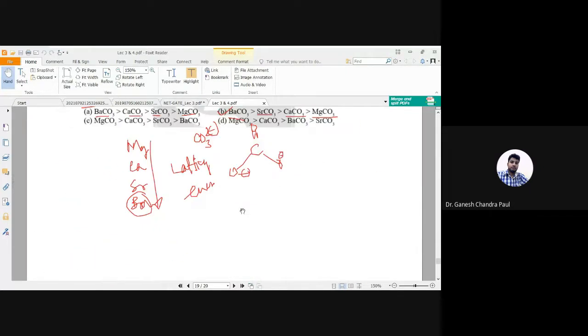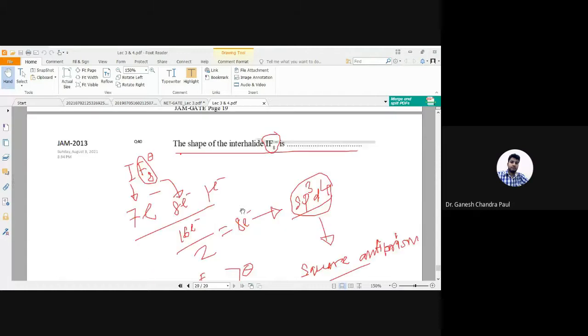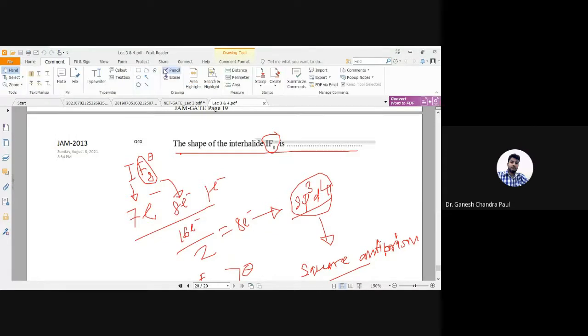This one we have already discussed, the last one: the shape of interhalide IF8 minus. If you try to find out the shape, you have to calculate the total number of valence electrons present in that particular interhalide compound.